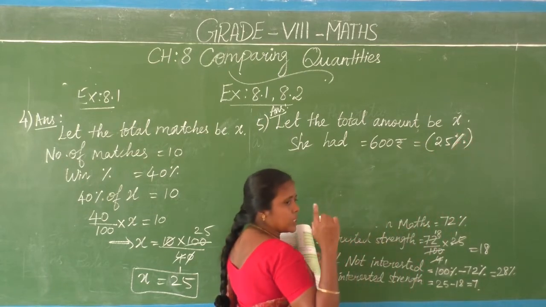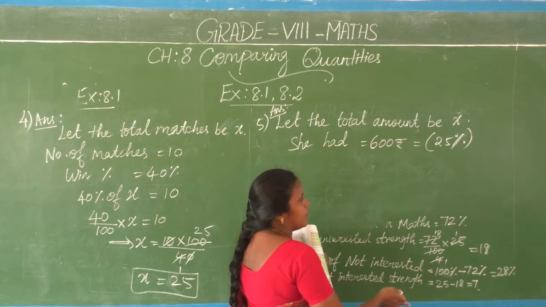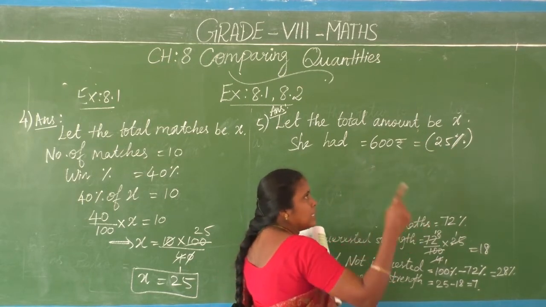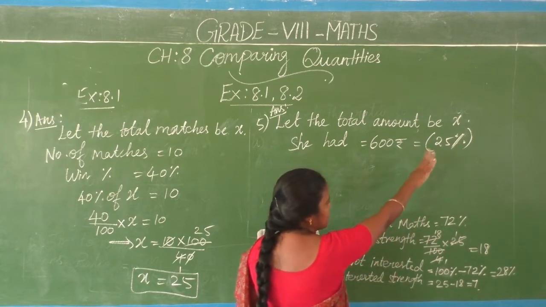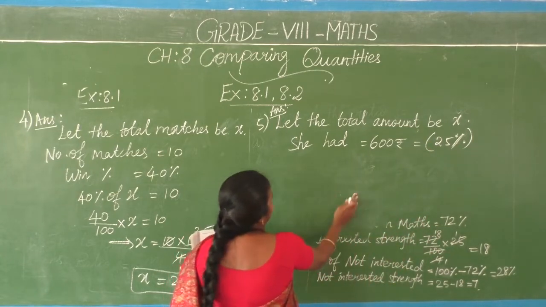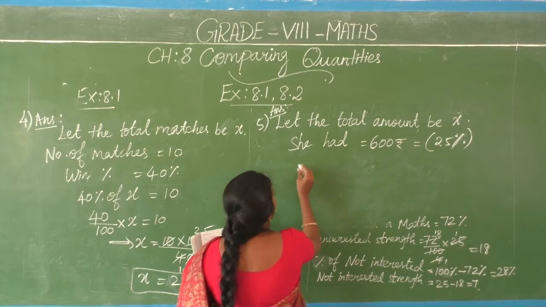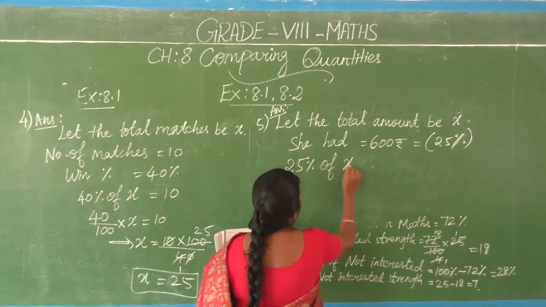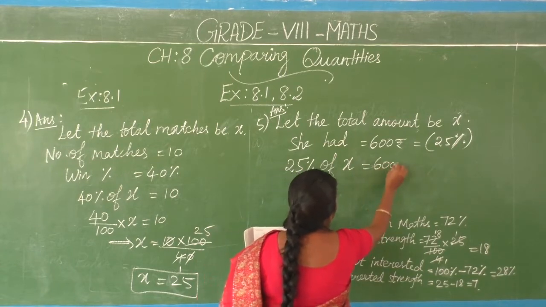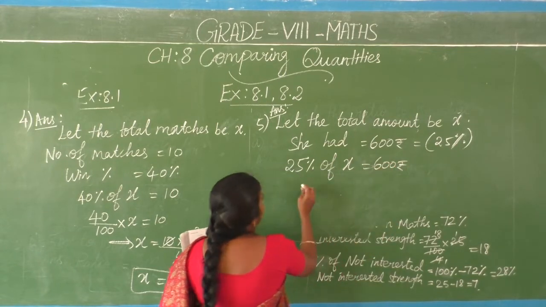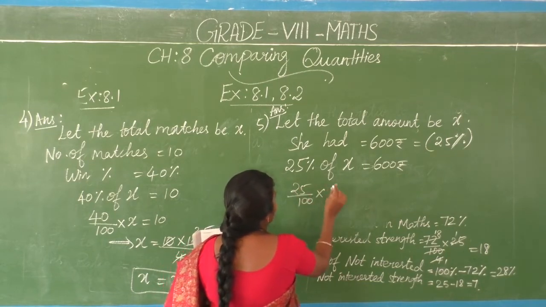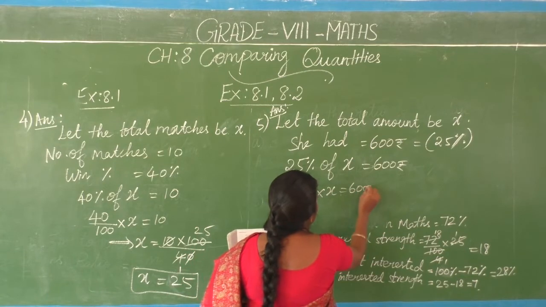75% she spent. So what she had as remainder? 600 rupees. Amount wise 600, percentage wise 100 minus 75, 25 she has. So from this how do you get the total value? So we can write 25% of the total amount X is 600 rupees. Therefore, what is the total amount? So 25 by 100 into X is equal to 600.